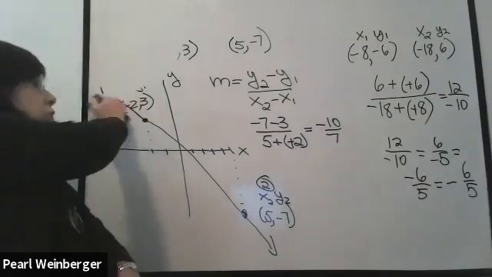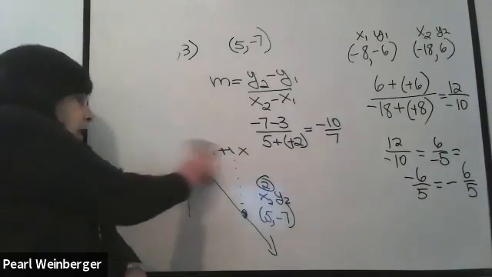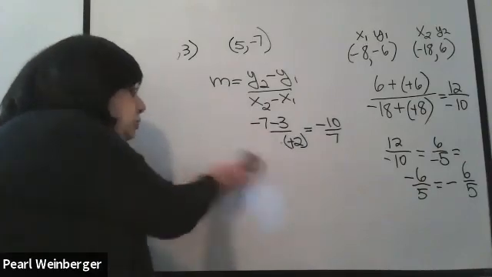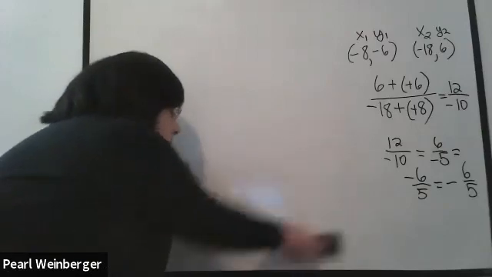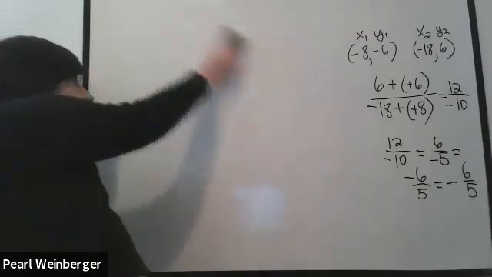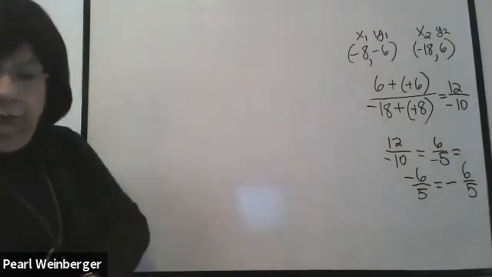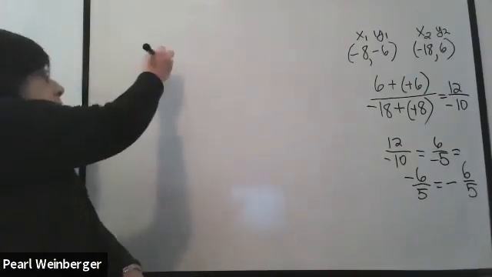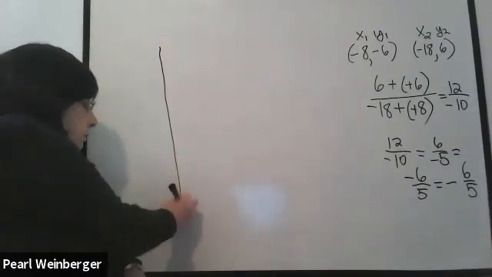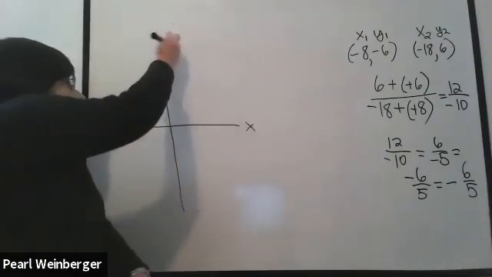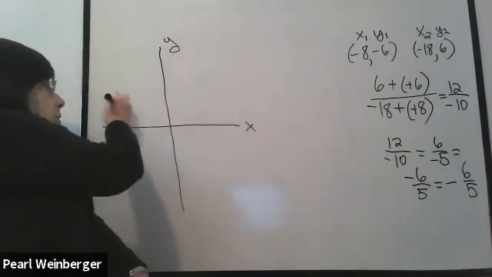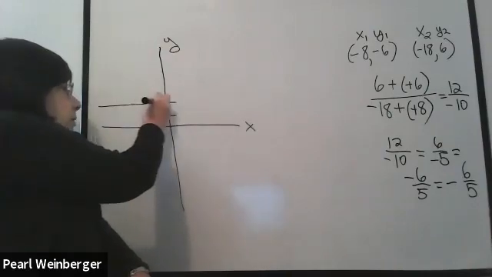We also saw that we had two special types of lines. One type of line that I talked about on Tuesday was a line that looked like this, a line that goes straight across.